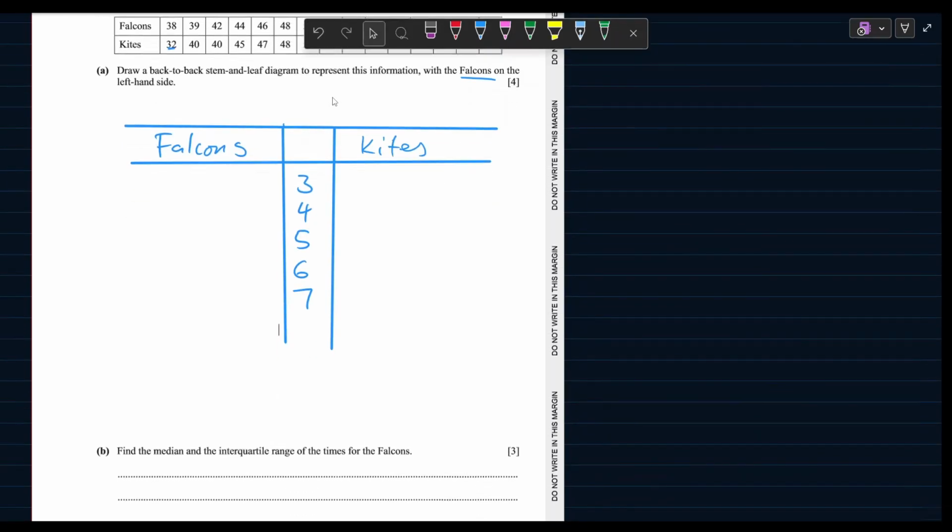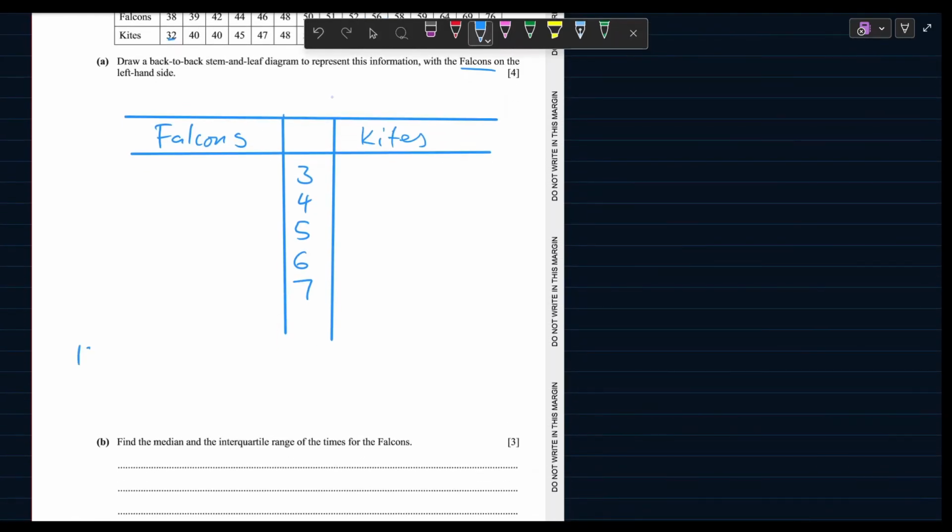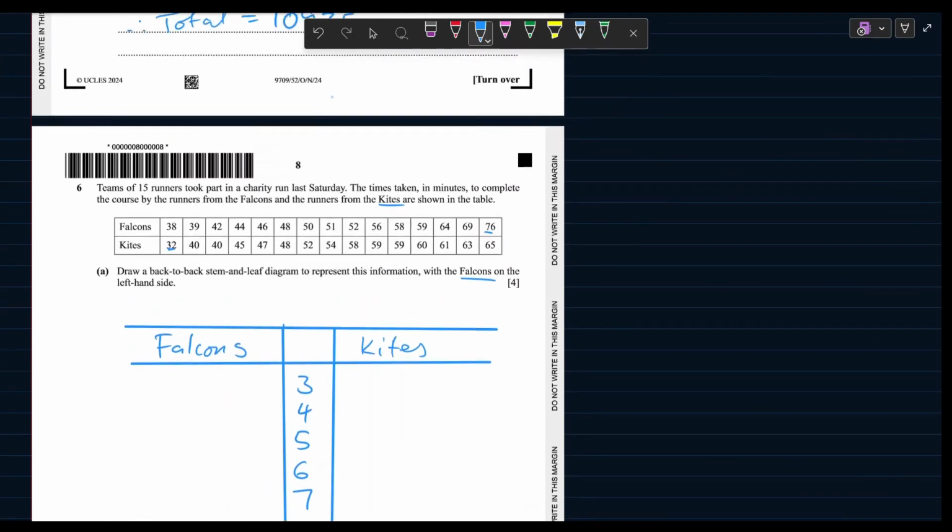And I'm going to create a key at the bottom and say that if our data is of the form, you've got a 4 here, and you've got a 2 here, and a 3. This means 42, what's our unit?